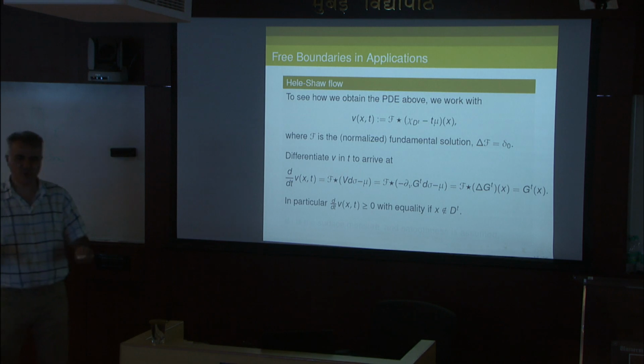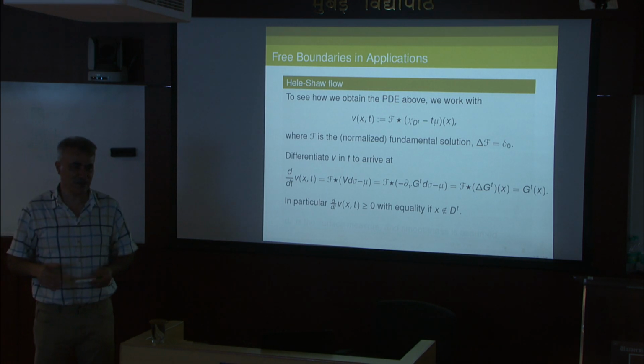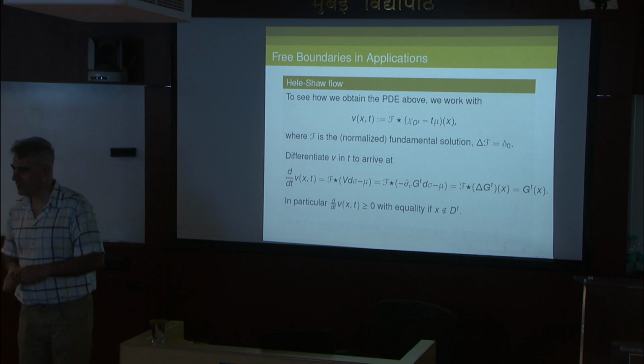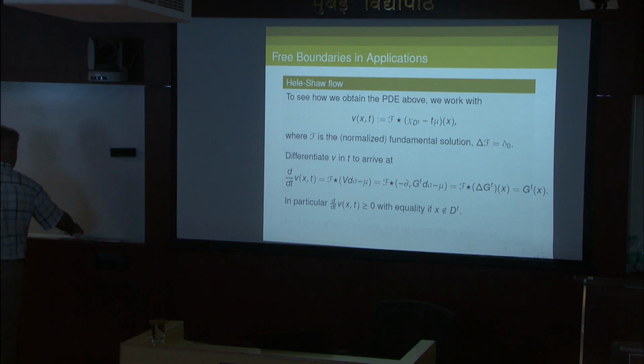Because the function is not smooth on the boundary, there's a jump. You take the Laplacian, something happens on the boundary of D_t. And that something on the boundary of D_t is actually the normal derivative of the Green's function.